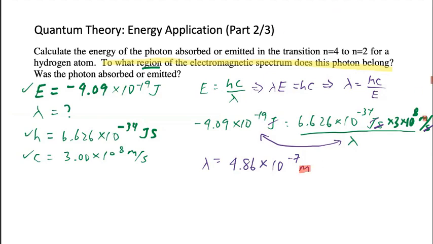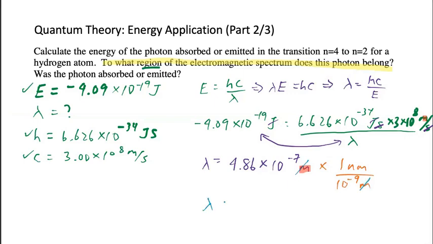So now you can leave it as meters, or you can change it back into nanometers. So we can use unit analysis again. Times 1 nanometer is 10 to the negative 9 meters. So this is gone and gone.